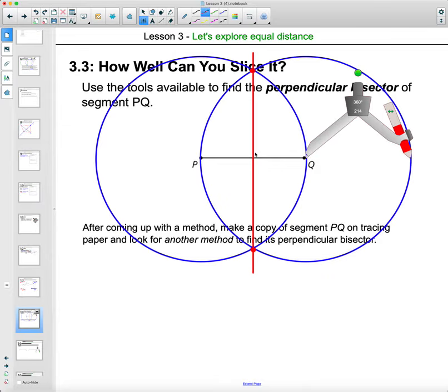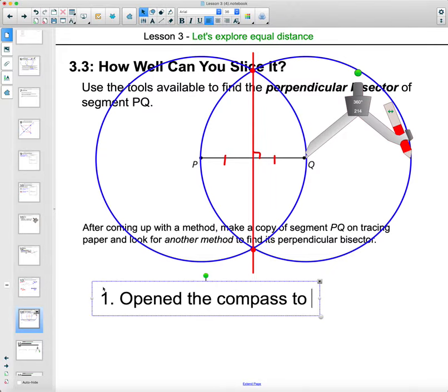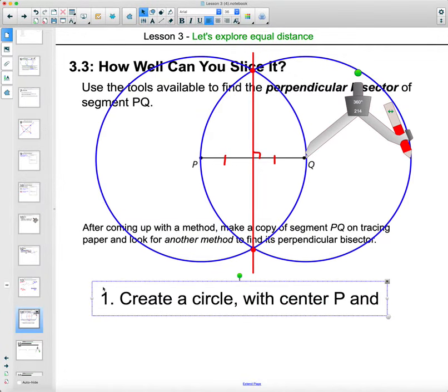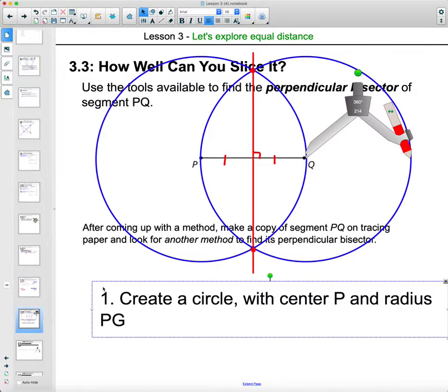So then you end up with a 90-degree angle here, and these two pieces being congruent. So if you wanted to write down some directions there, so we opened the compass to length PQ, and actually we could probably just write: create a circle with center P and radius PQ.